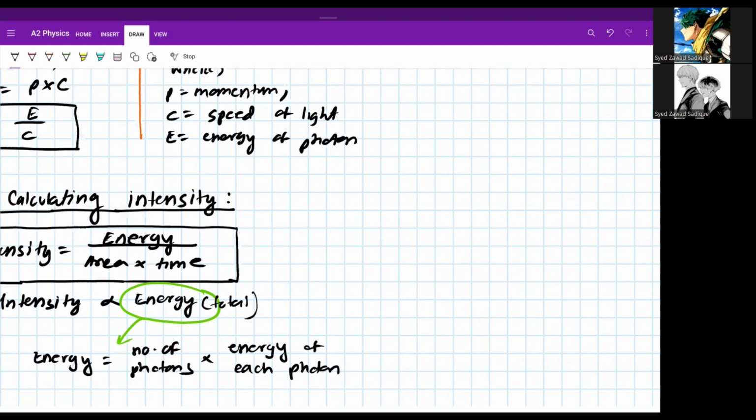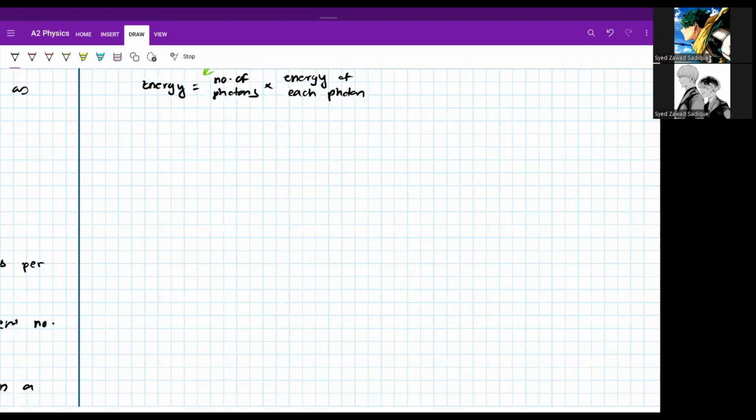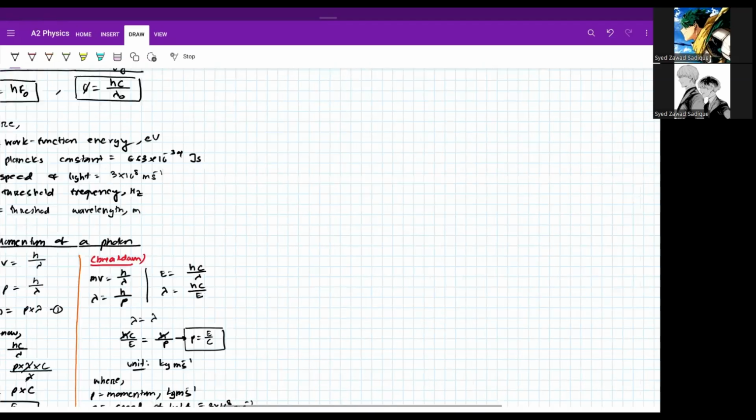Make sure to write this down as many chances as you get so that you don't forget the unit or the constants. So that is 3 into 10 to the power 8 meters per second. And this is, sorry, it's just the unit, electron volts.